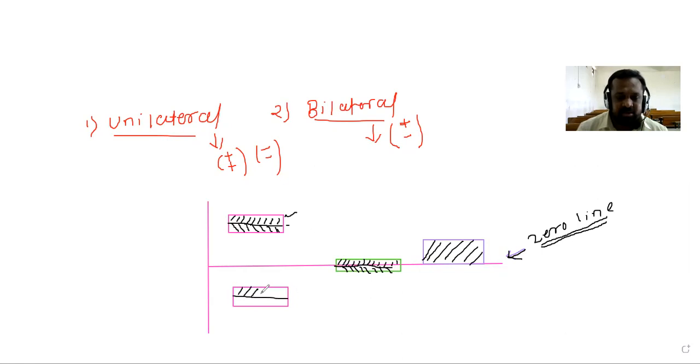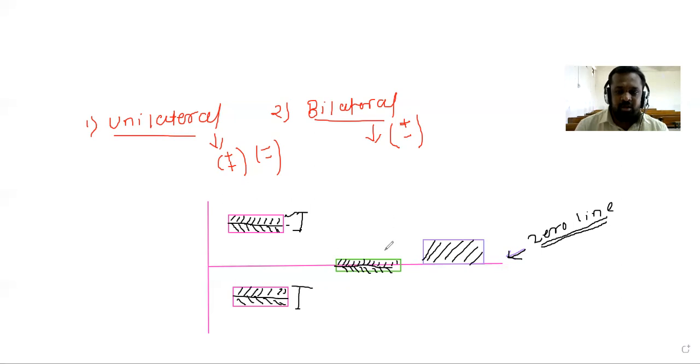See, this is the tolerance zone. Then tell me whether the system is unilateral or bilateral.